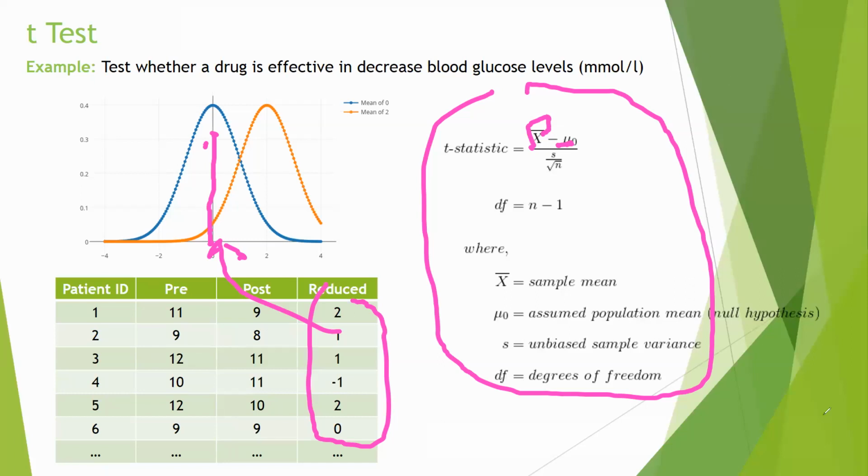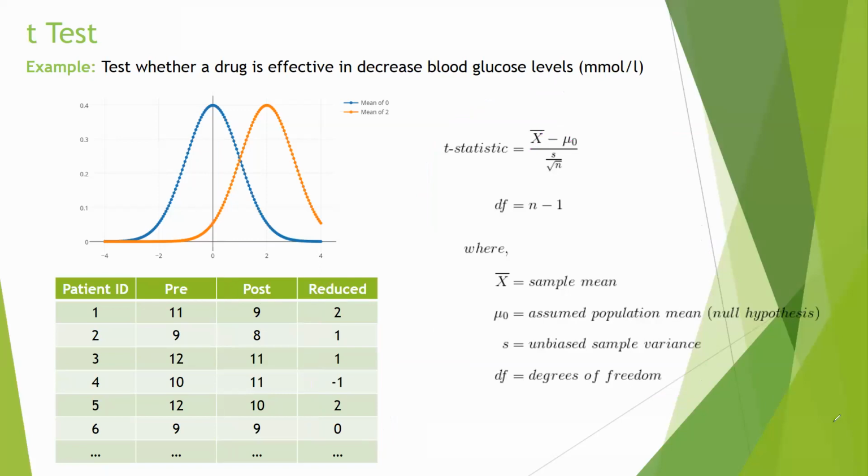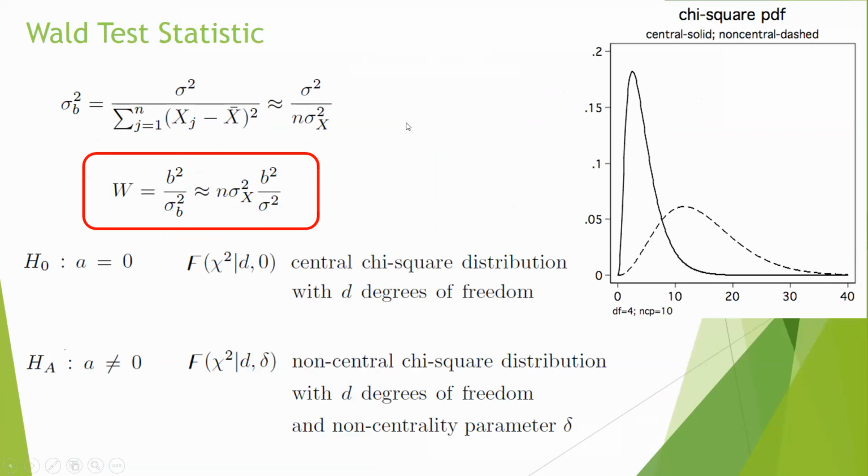Now let's go back to our business. Here we construct a Wald test, which is chi-square distributed.